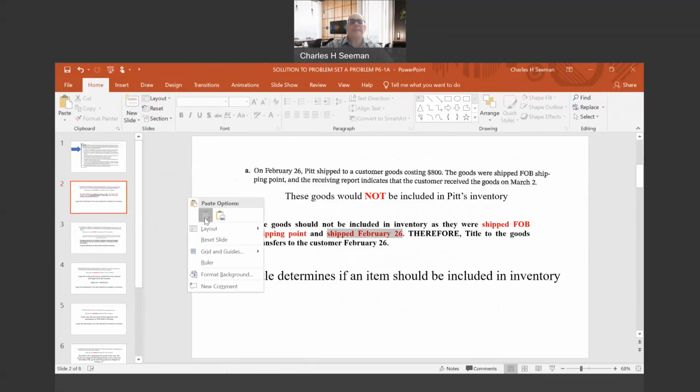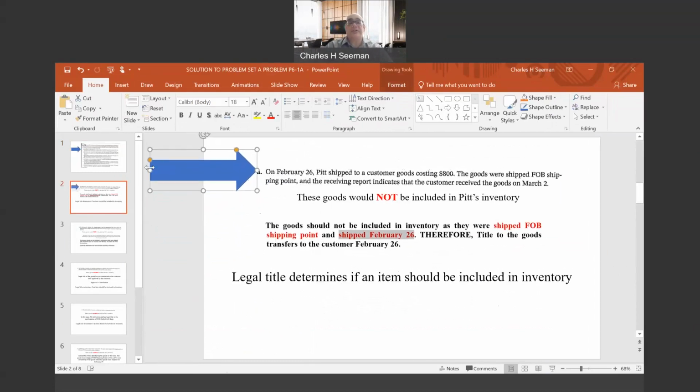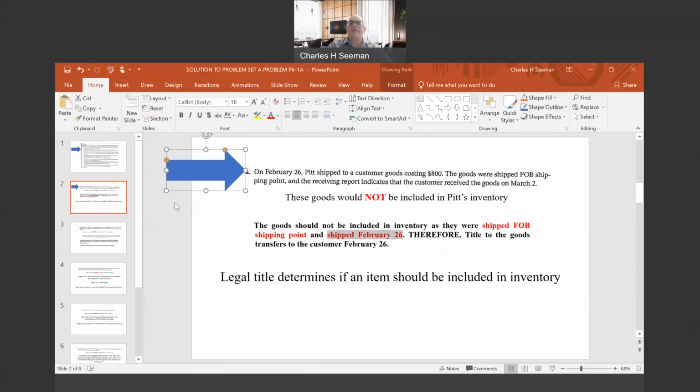The first one is A, obviously. On February 26th, Pitt shipped to a customer goods costing $800. The goods were shipped FOB shipping point, and the receiving report indicates that the customer received the goods on March 2nd.